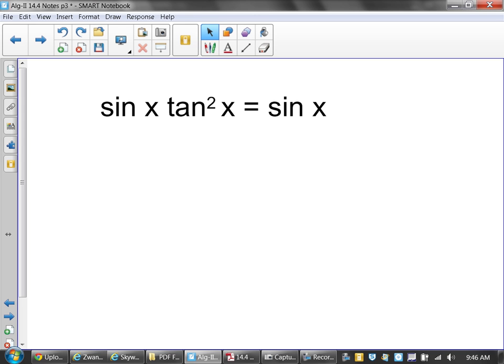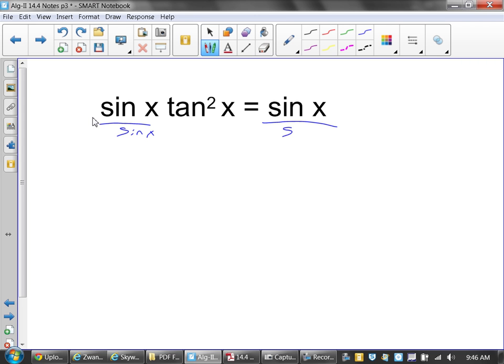So if you divide both sides by sine, you wind up with tangent squared equals 1. And now you have to do what? Square root it. So you get tangent of x is going to equal, when I take the square root of 1, what do I get?